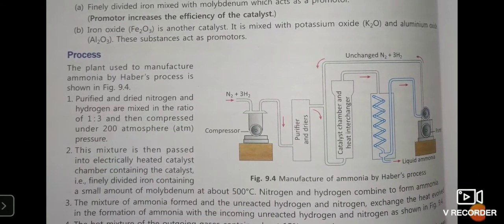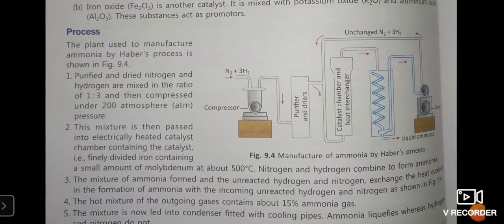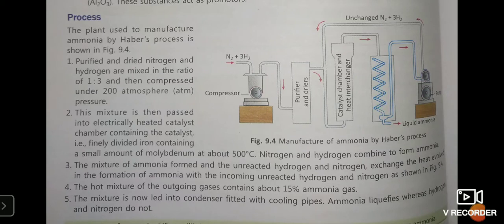Now let's see the process, because as I told you in the beginning of the study of compound lesson, there are several questions asked diagrammatically in this part. They'll give a diagram, they may ask you to label the diagram, first question for 1 mark, then they may ask you the chemical equation for the preparation of the compound. Then they may ask you the different conditions, like what is the minimum temperature and pressure maintained in this reaction.